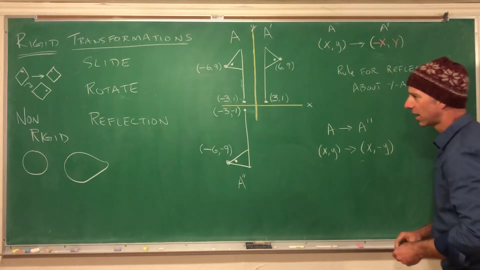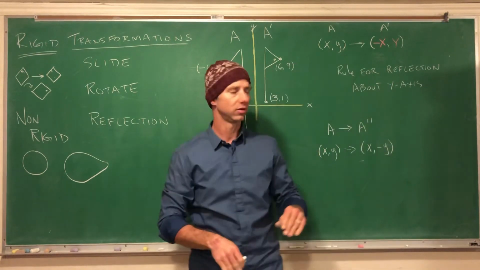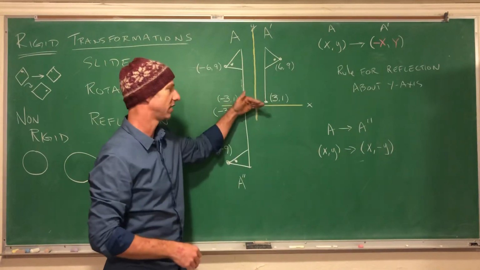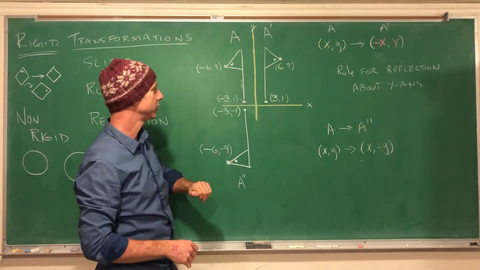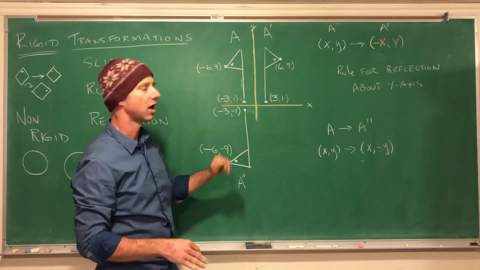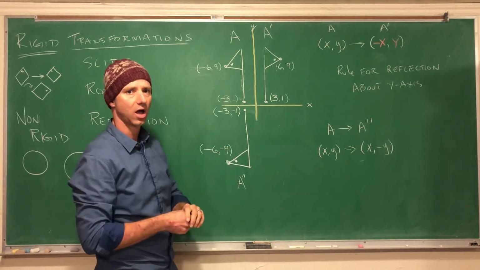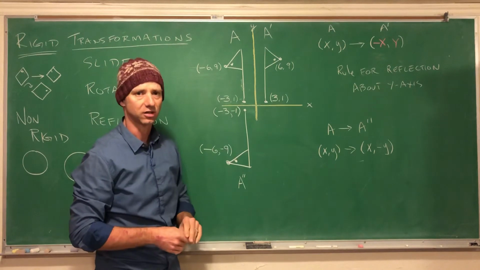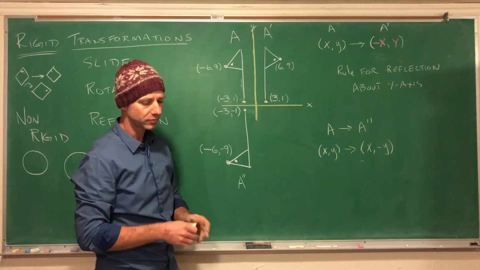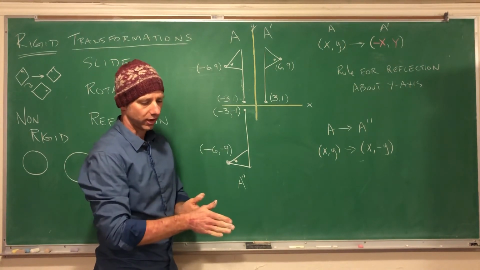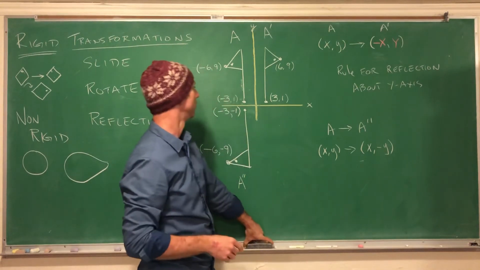Okay? Now we're keeping it straightforward by having the reflection about the axes. Once we start reflecting about lines out in space or at different spots in here, things get a little bit different. Okay, let's try another one.